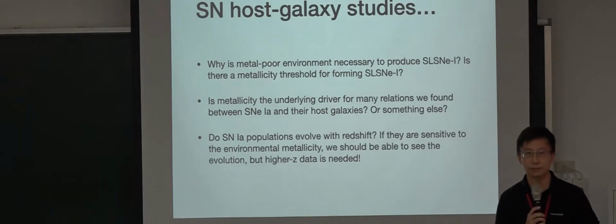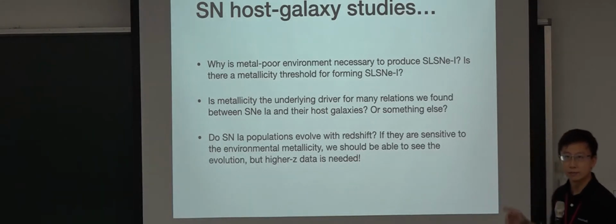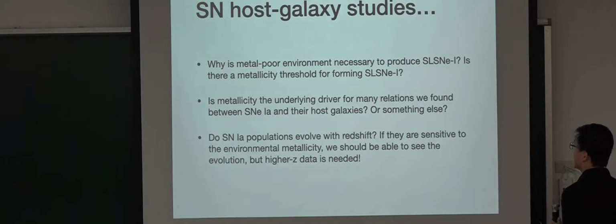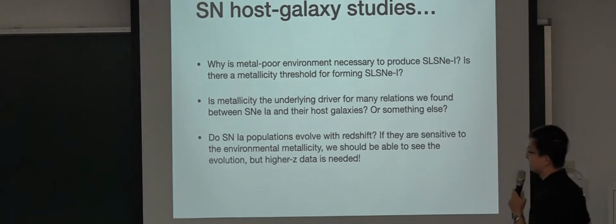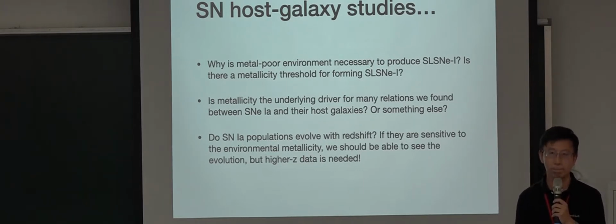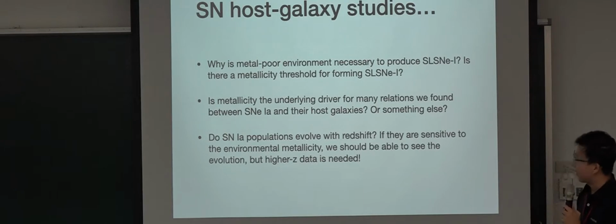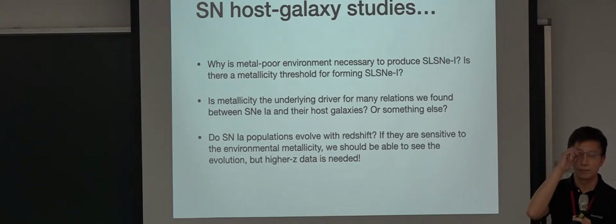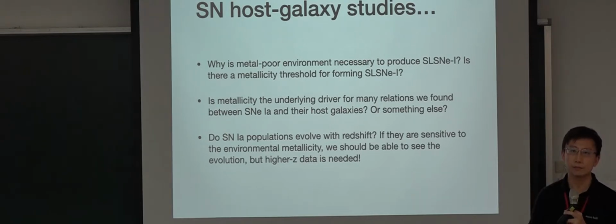Thanks for the talk. Related to your second point, type Ia supernovae tend to be found in more massive galaxies. So I wonder, would the initial mass function play any fundamental role here, or not necessarily?